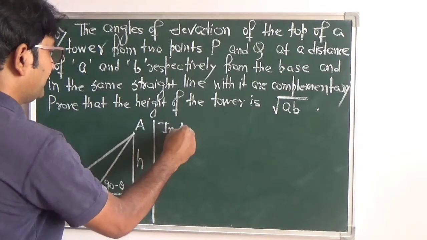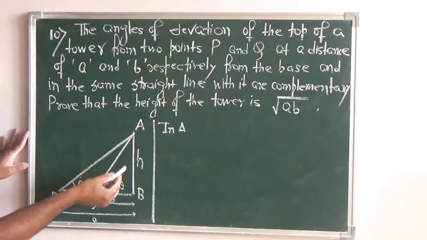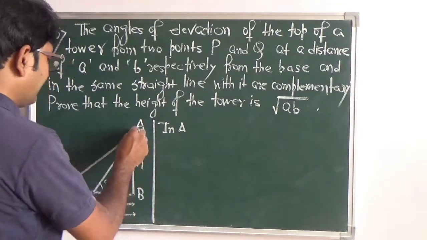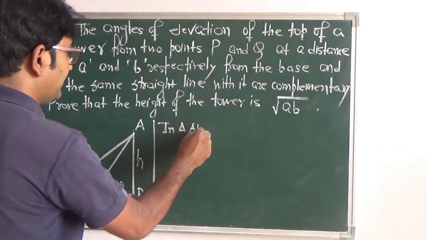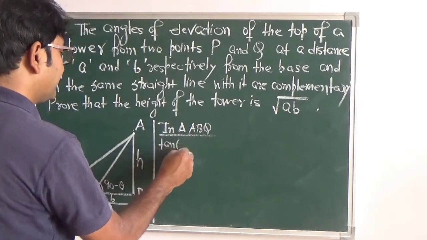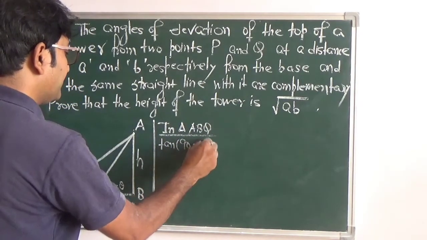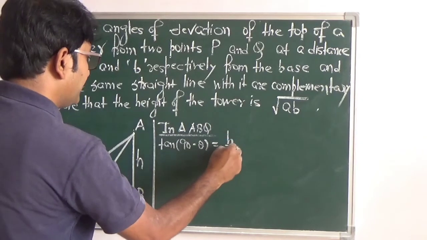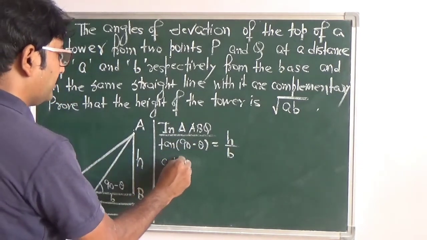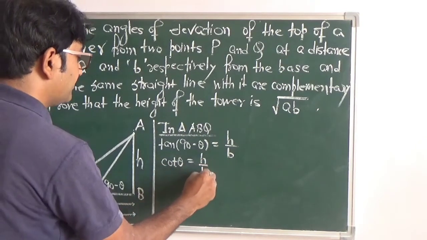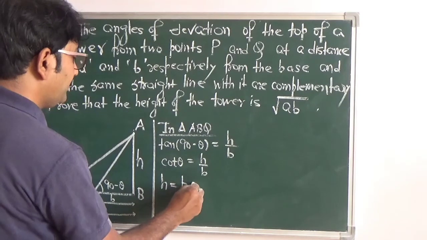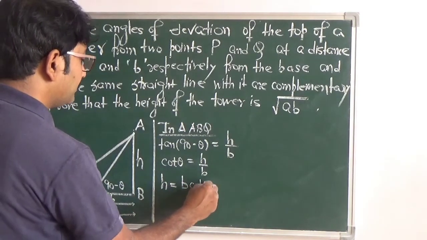In triangle ABQ, we have the ratios perpendicular and base, so this will be tan. Tan of 90 minus theta is h by b. Tan 90 minus theta is cot theta, that is h by b, or you can write h equals b cot theta.